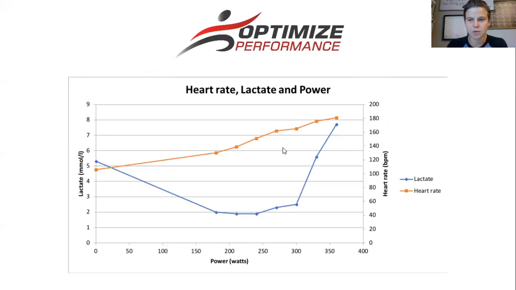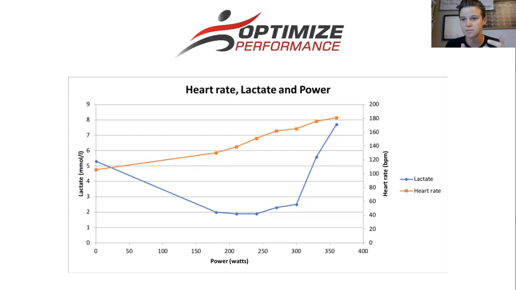So this is an example of, in the past, at a couple of places I used to work at, we used to do just your gradual step test. Every few minutes, we're going to increase intensity, and then we're going to take a sample. We're going to increase intensity after a couple minutes and keep going. Well, the downside to that is, as intensity increases, more lactic acid is going to be produced.